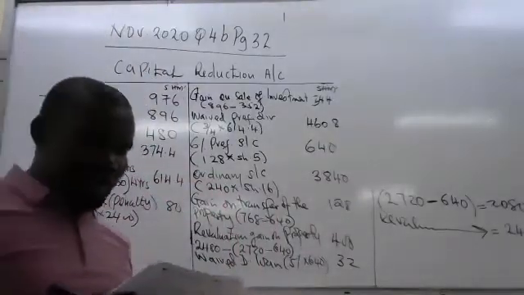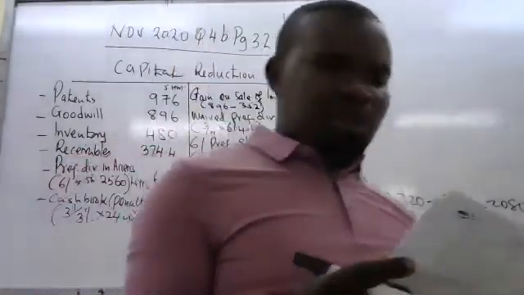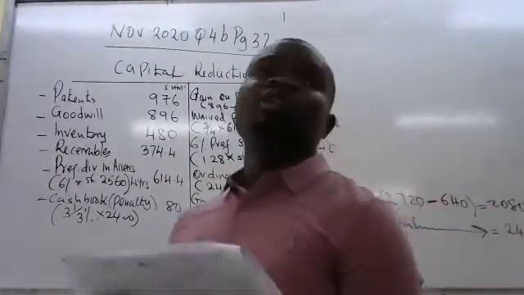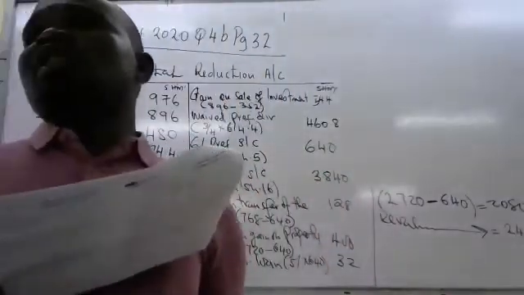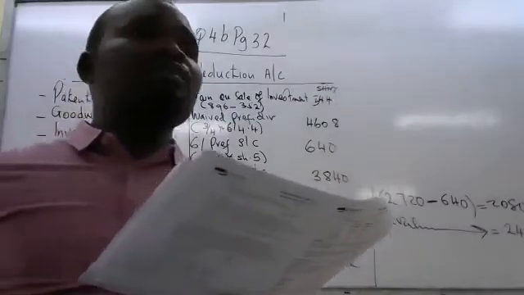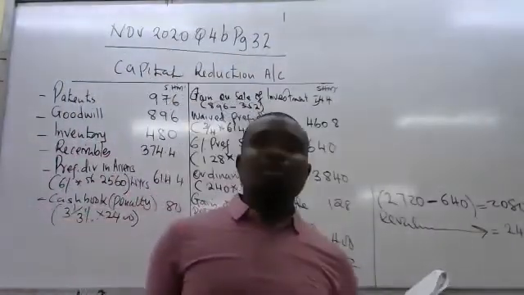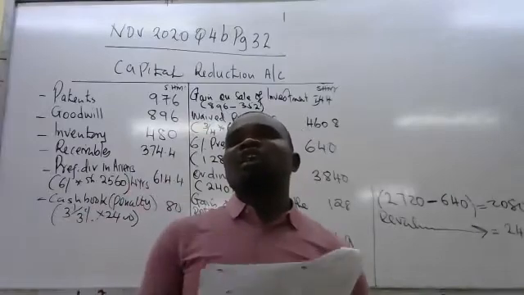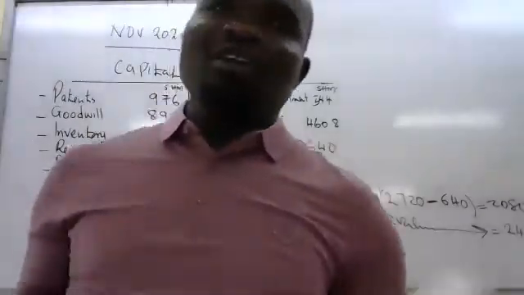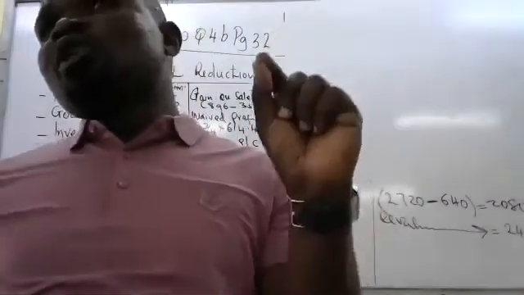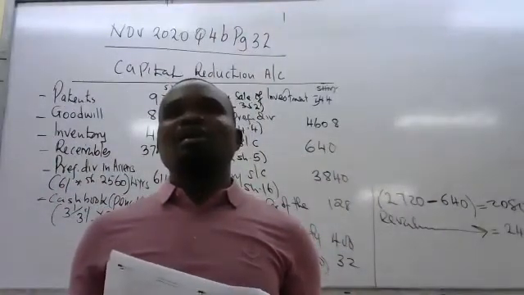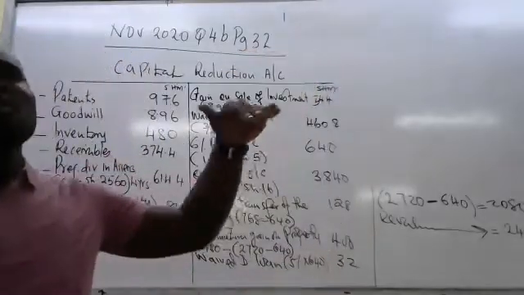Next, the bank has sanctioned an overdraft limit of 40 million to provide working capital. That is even irrelevant. It will not be used anywhere. Like Fuliza, how much have they sanctioned? The limit they gave you is 10,000.